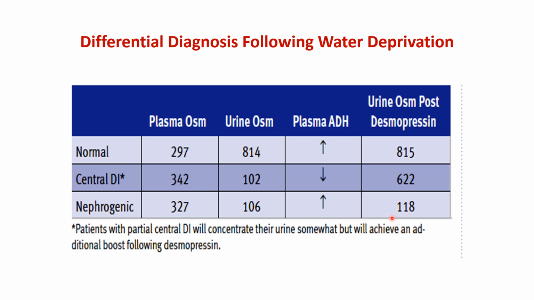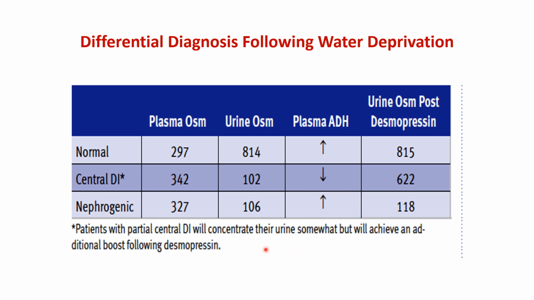That means in spite of giving the exogenous ADH analog desmopressin, there is no response, and this basically confirms that this patient has nephrogenic diabetes insipidus rather than central. Of course, you have to do other testing. If you suspect central diabetes insipidus, you have to do an MRI of the brain to figure out if there is a lesion in the hypothalamus, or you have to look at other things to confirm the diagnosis further. But that's something you have to know.